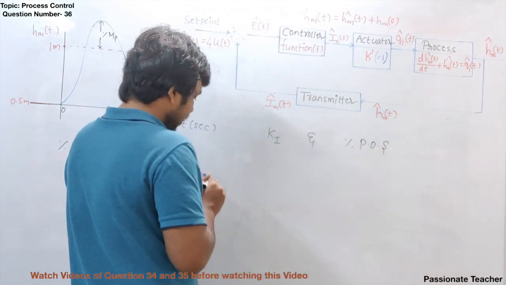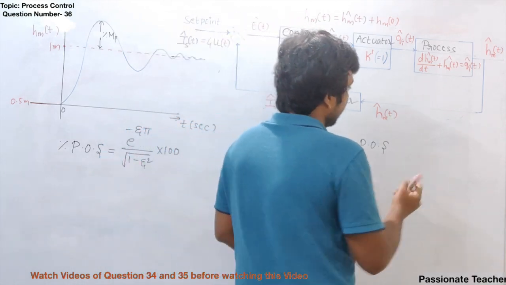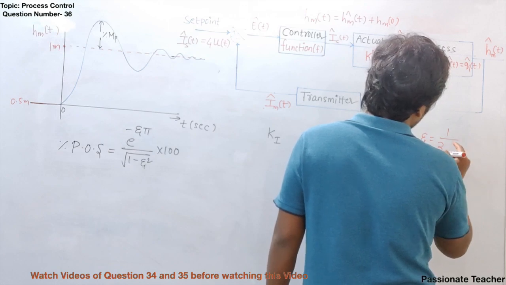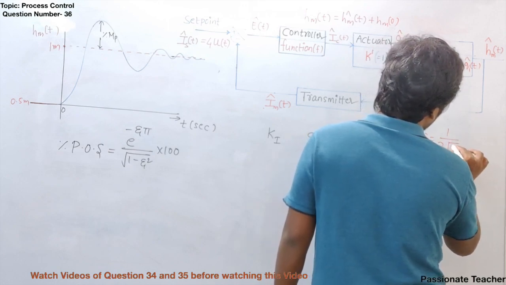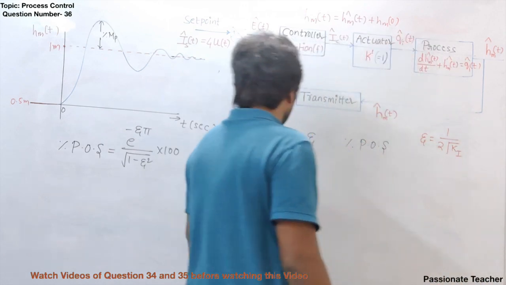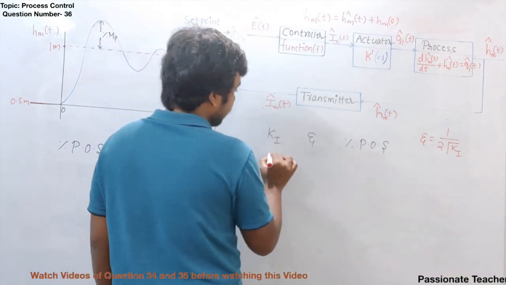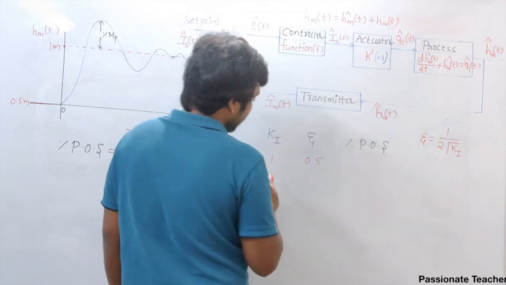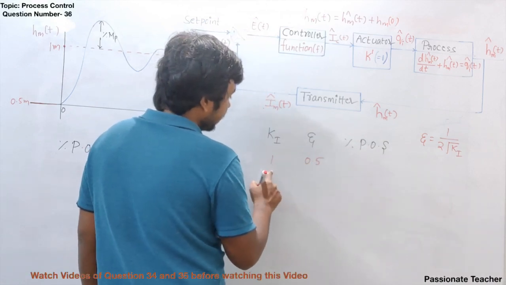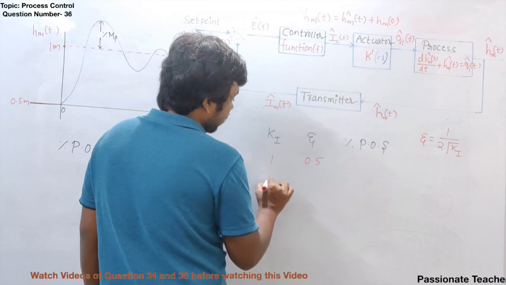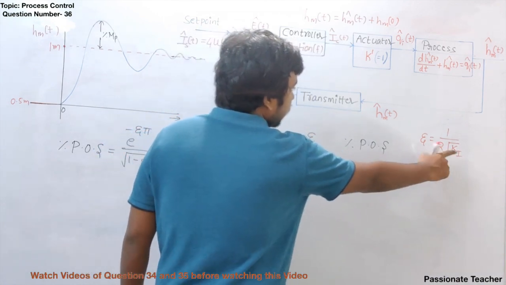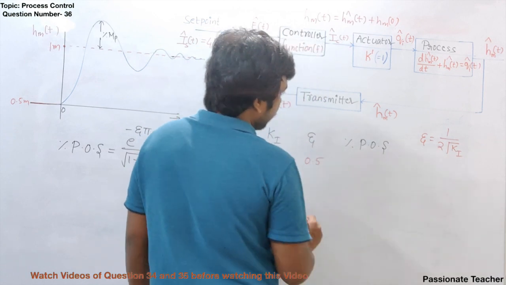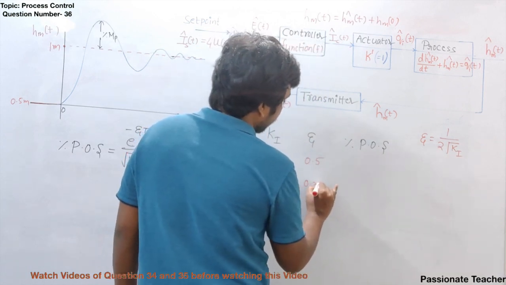Right? So we know the relation between zeta and Ki: zeta is equal to 1 by under root of Ki. Clear? Suppose if I take Ki equal to 1, zeta will be equal to how much? 0.5. Right? And if I take Ki equal to 4, under root of 4 is 2, 2 into 2 is 4, zeta will be equal to 1 by 4, that is 0.25.